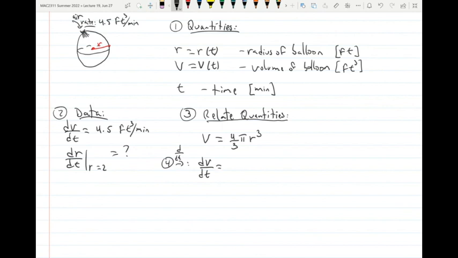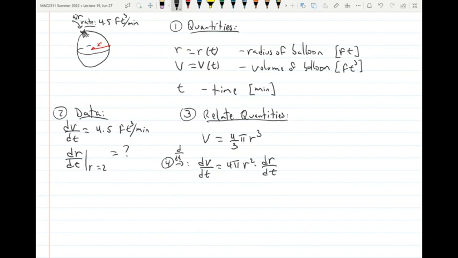That's going to be equal to 4 pi r squared times dr dt. It's 4 pi over 3? Yeah, but the 3 comes down. When you take this derivative, the 3 comes down, you get r squared, and the 3 cancels this 3. Yes?